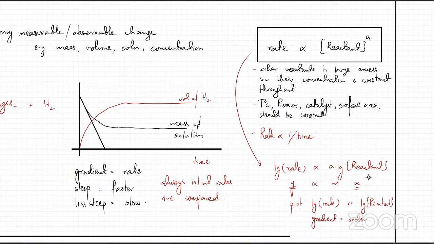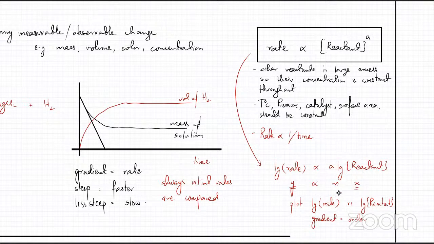Yes, sir. और फिर आप क्या कर सकते हो? What you can do is this equation exactly looks like y is equal to mx plus c, right? So if you plot on the y-axis log of rate, on the x-axis log of reactant concentration, right?